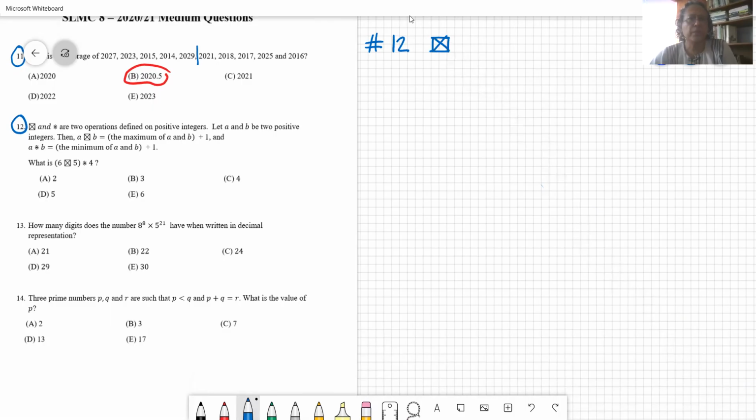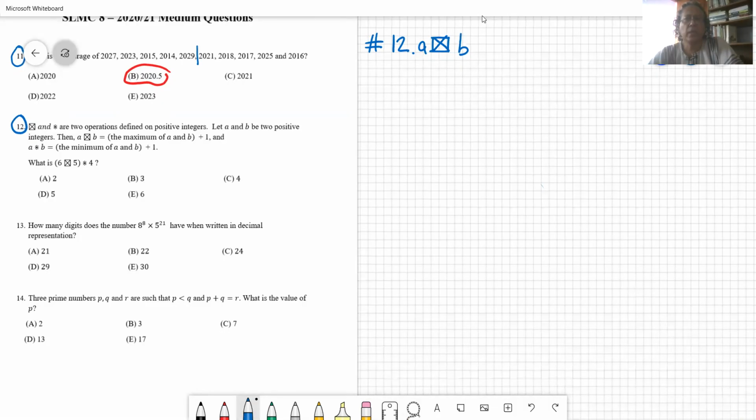Now we don't have a name for this operation, so we can actually call it box multiplication, because the multiplication sign is inside the box. You could also call this by any other name.